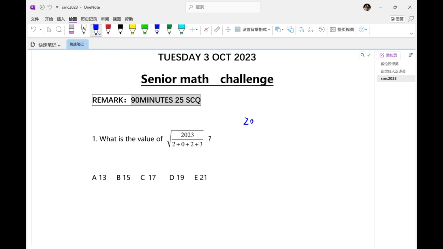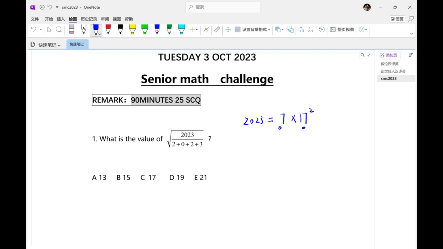The 23 is not a prime number. It can be factorized into 7 times 17 squared. So 7 is its factor, and 17 is a divisor of it.